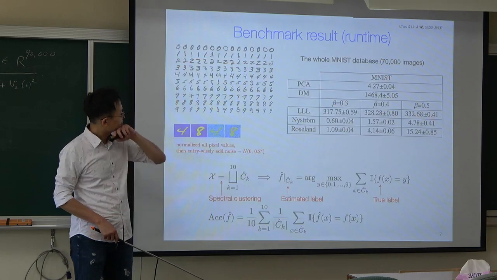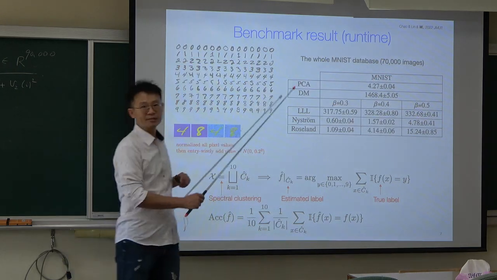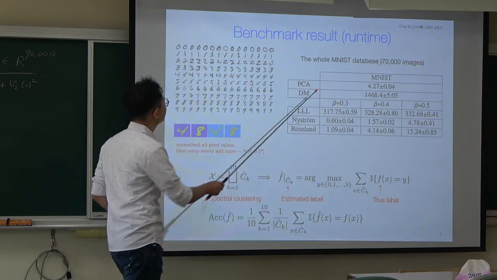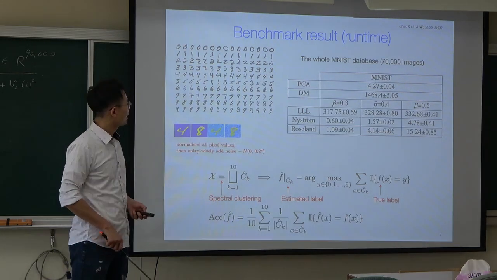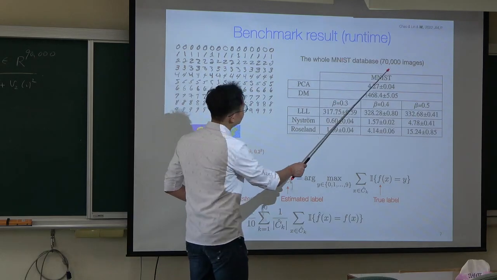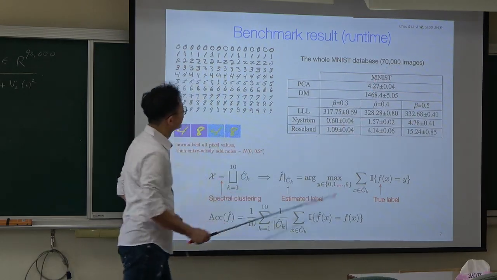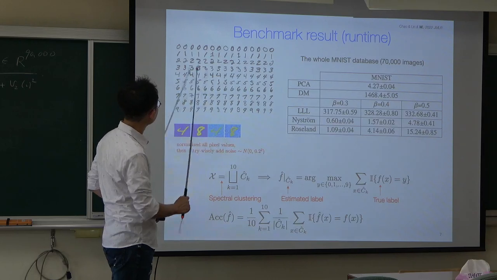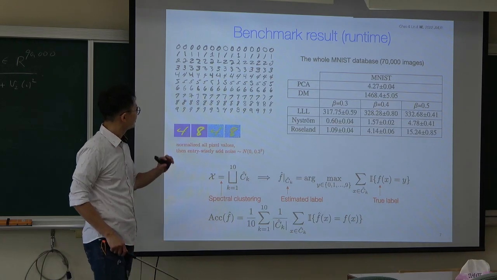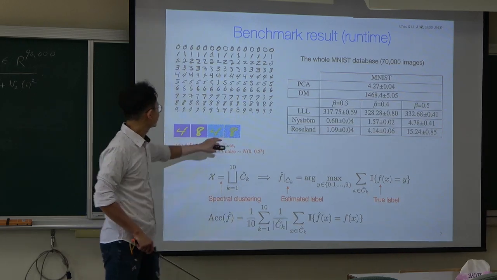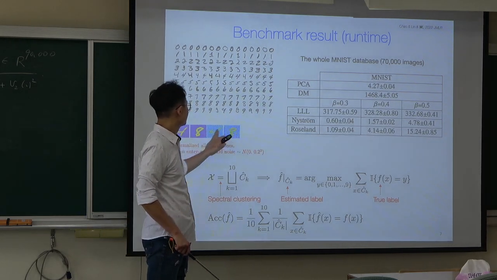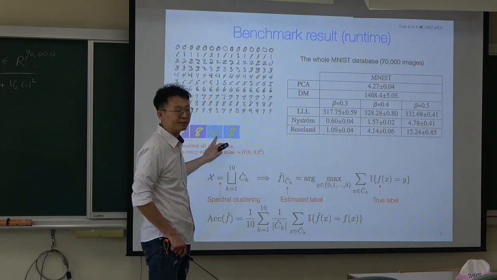Okay, and then this is a benchmark result, and this MNIST database is kind of very commonly widely used database. It contains 70,000 images. Looks like this one, and we did two examples. One is the original one that is clean, and then we add some noise so that you see noisy data on the right hand side.